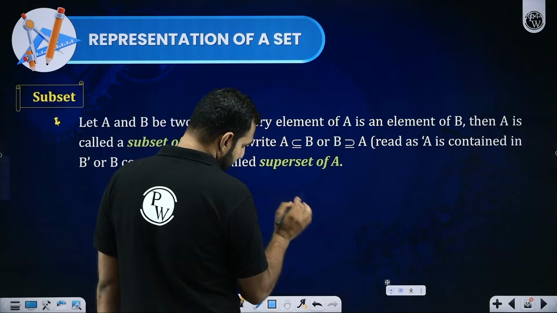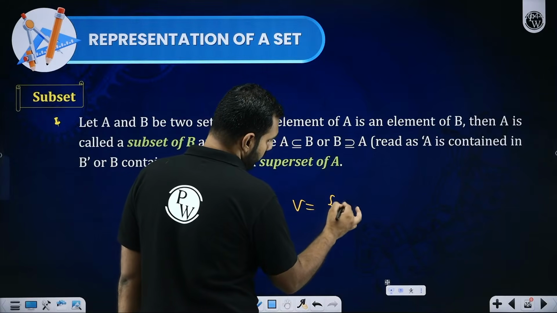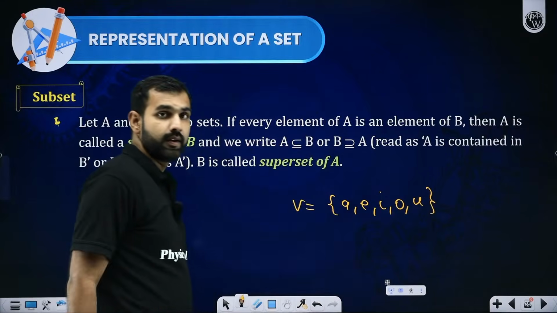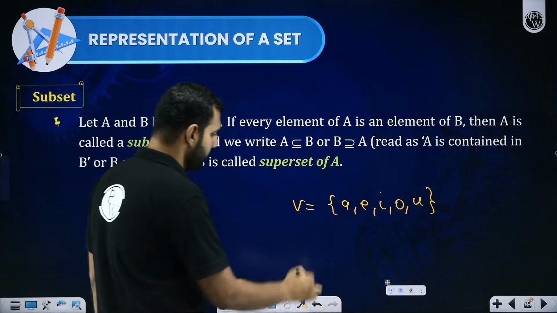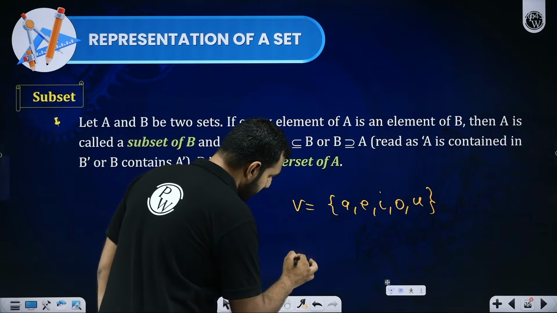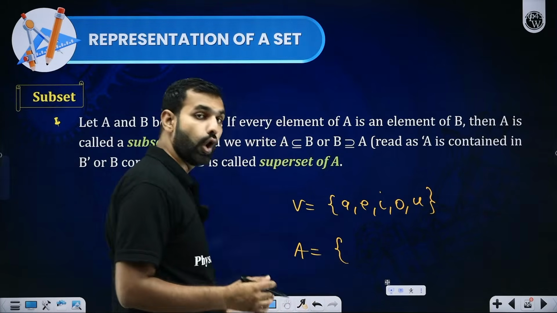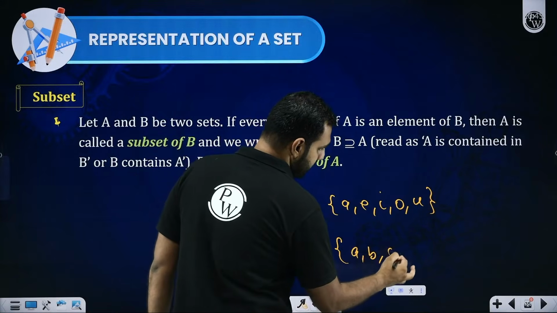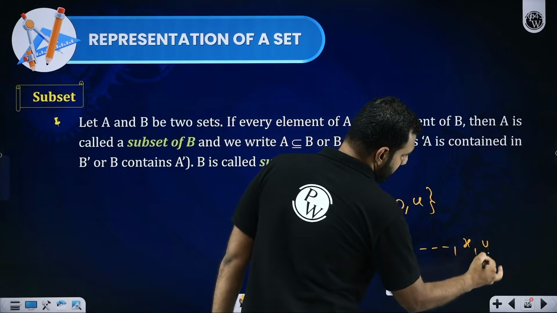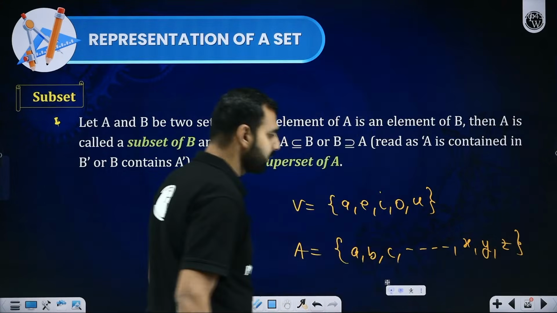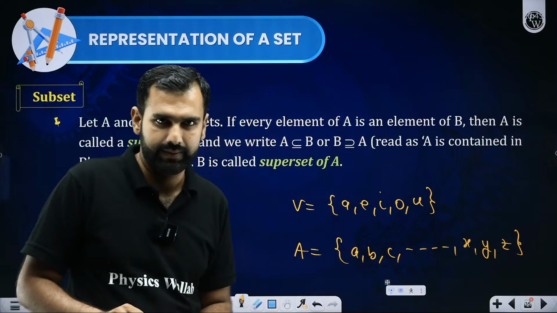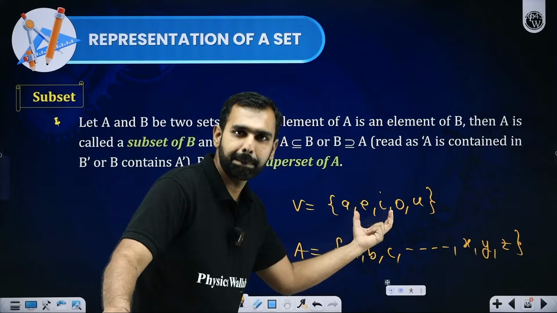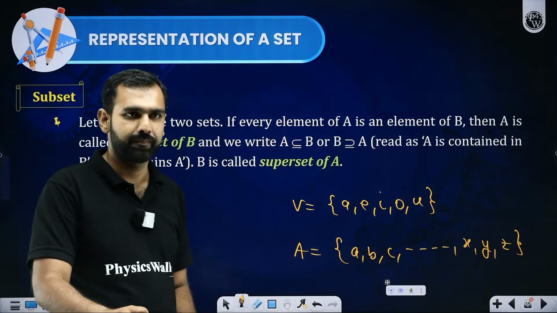Let's say there is a set V, which is the set of all the vowels: A, E, I, O, U. And let's say there is a set A, which is the set of all the letters in the English alphabet: A, B, C, D, and so on until X, Y, Z. Now, do you not think that this set V is a subset of the set A?